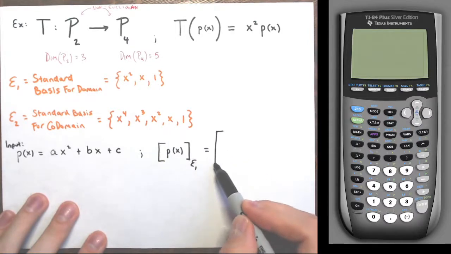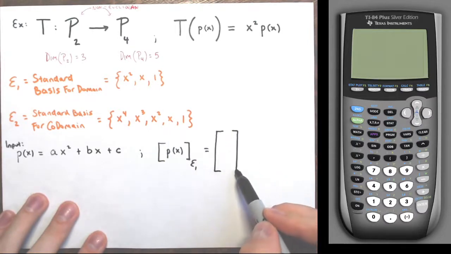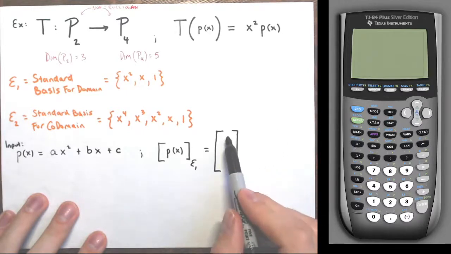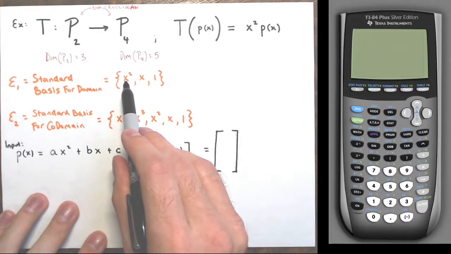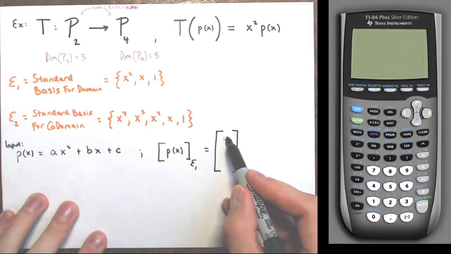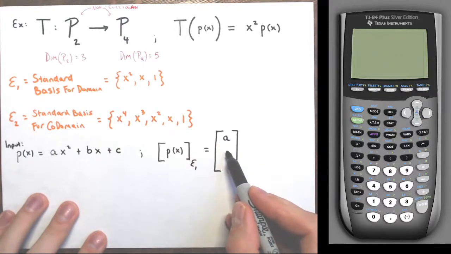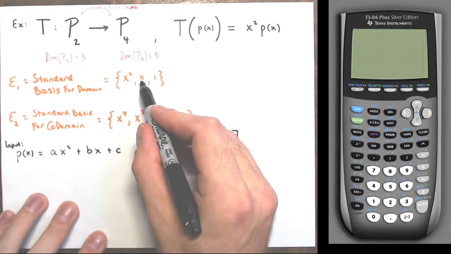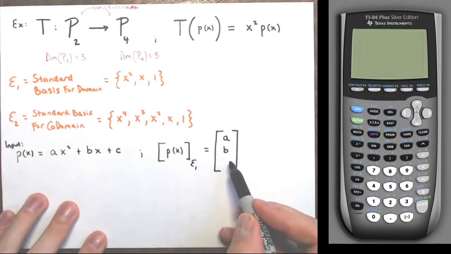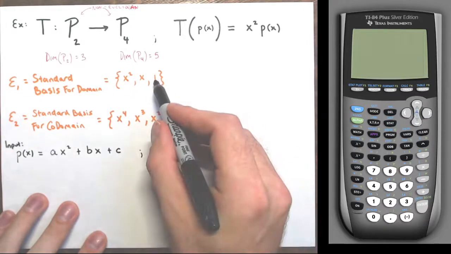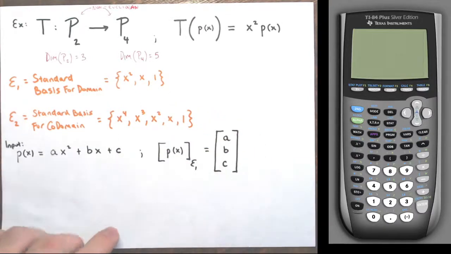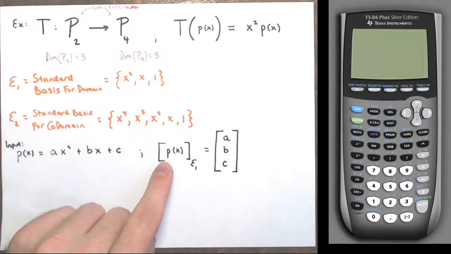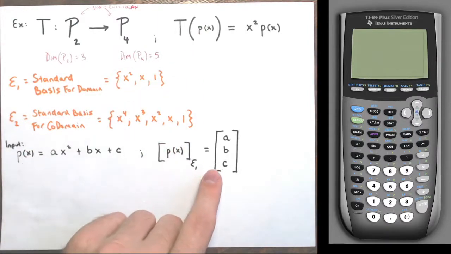It's going to be a column vector. The first component is the coefficient of the first standard basis vector, the coefficient of x squared, which is a. The second component is the coefficient of the second basis vector, which is b. The third component is the coefficient of the third basis vector, which is c. So I'm going to change my P of x into its corresponding coordinate vector in a minute.